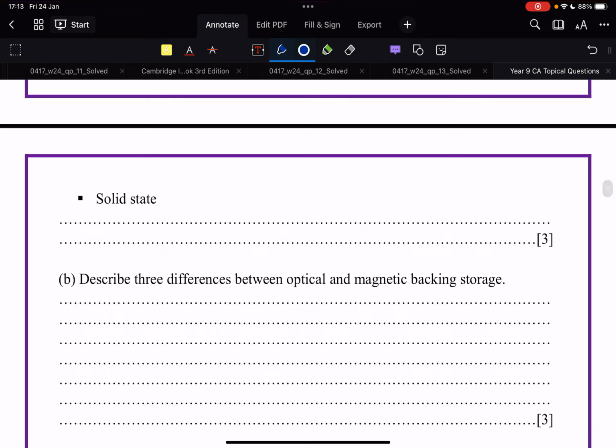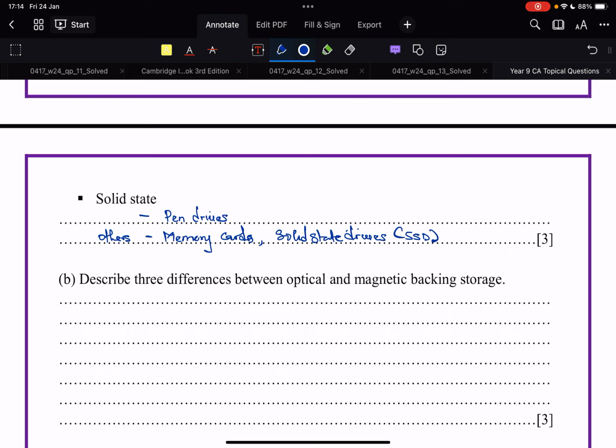Okay, for your solid state, we have your pen drive or your memory stick, for others you can have memory cards, even the solid state drives. And yes, you can put it as SSD.